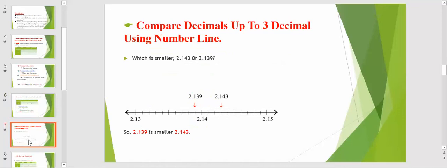Alright, this is comparing decimals up to 3 decimal places using a number line. So which is smaller, 2.143 or 2.139? You look at the number line, we have it like this.